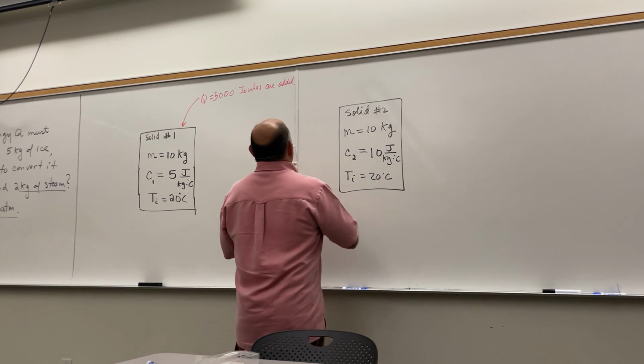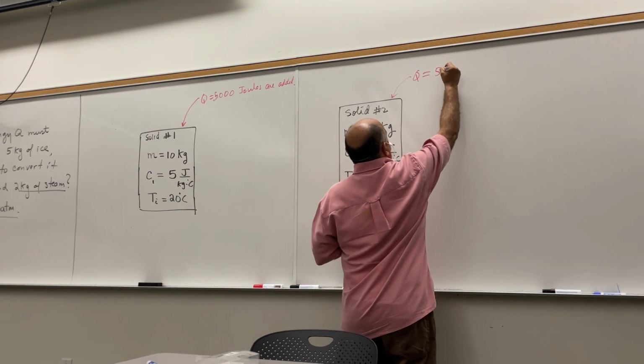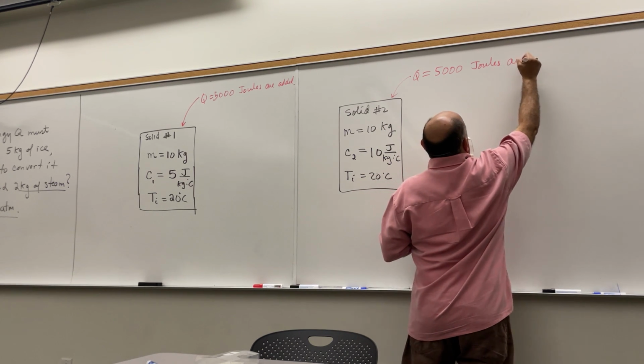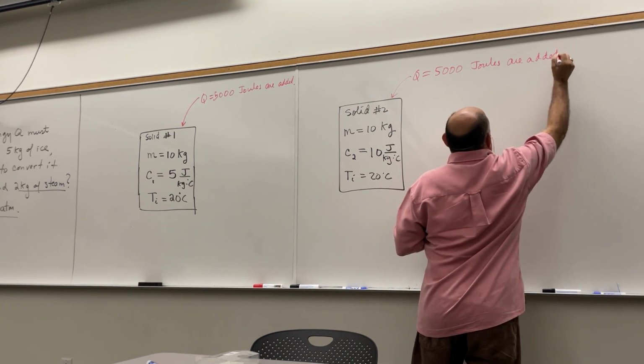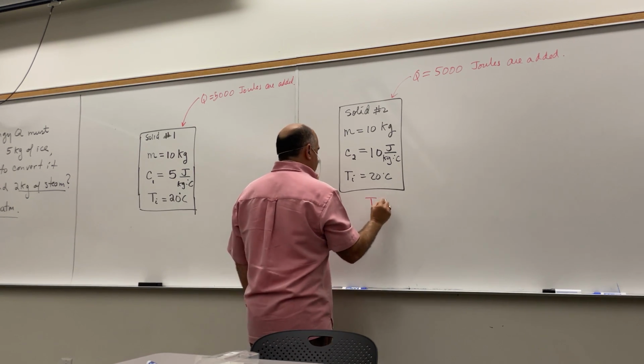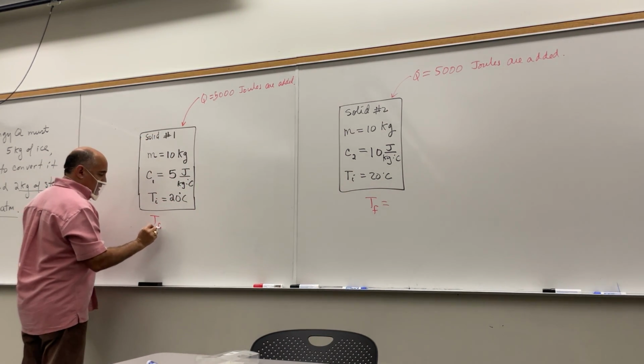And I add the same amount of thermal energy, 5,000 joules. Question: what will be the final temperature of this solid number 2, and what will be the final temperature of this solid number 1?